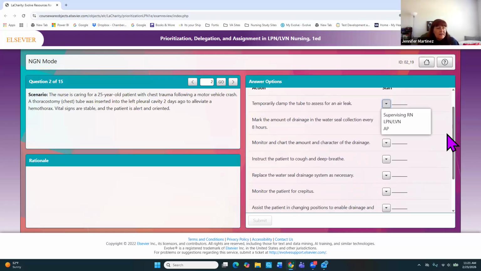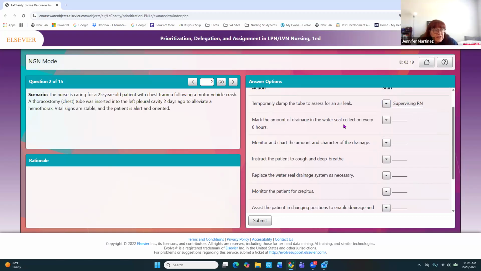We have the supervising RN, we have the LPN, and we have an assistive personnel. So to temporarily clamp the tube to assess for an air leak, who would perform that? I'm thinking RN. RN, okay.